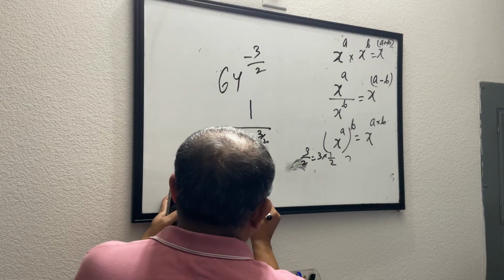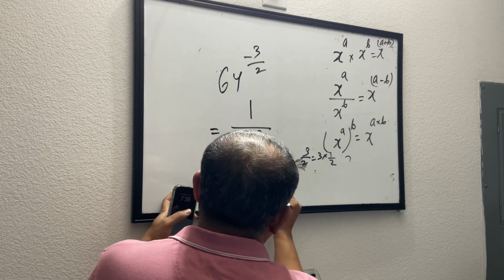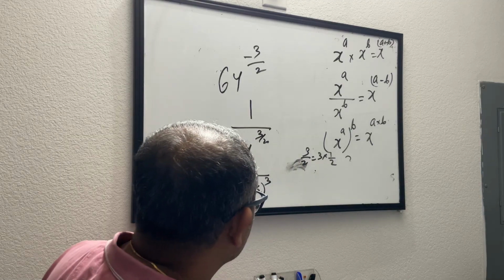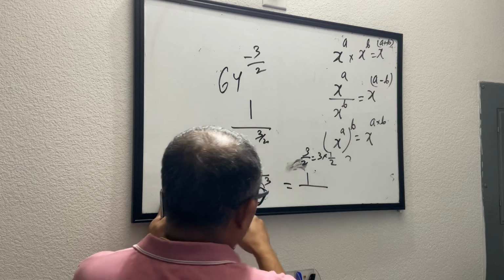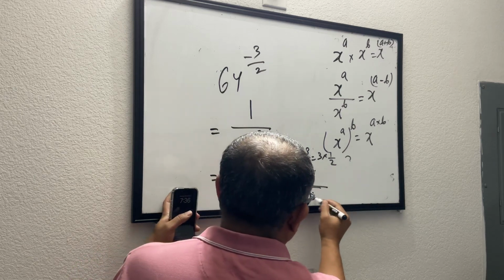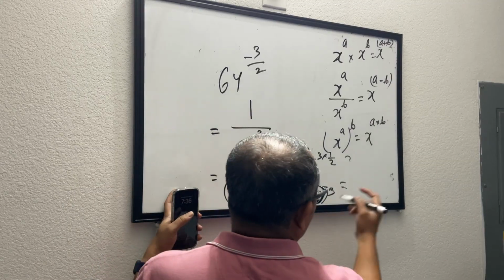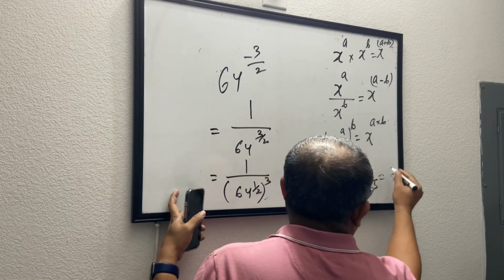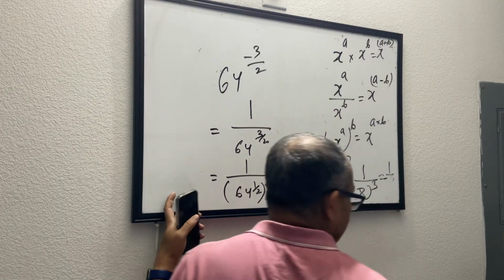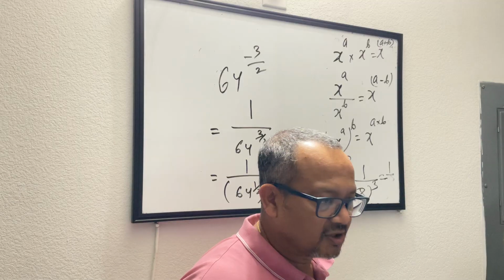So 64 to the power 3 by 2, I can put this as to the power 1 by 2 and into 3. Now 1 over 64 to the power 1 by 2 is nothing but square root of 64 to the power 3. Square root of 64 is nothing but 8. 1 by 8 to the power 3. 1 by 8 into 8 into 8, 64 into 8, something. That's what it is going to be.